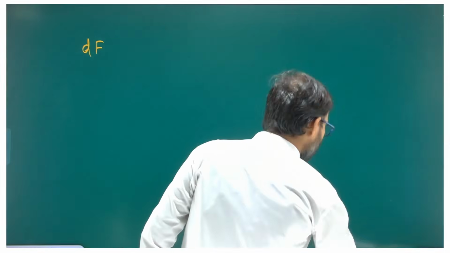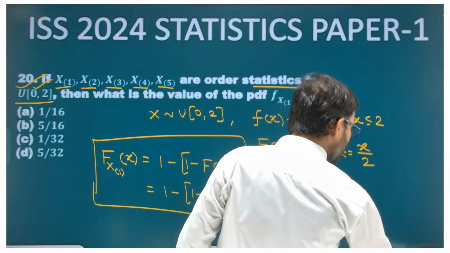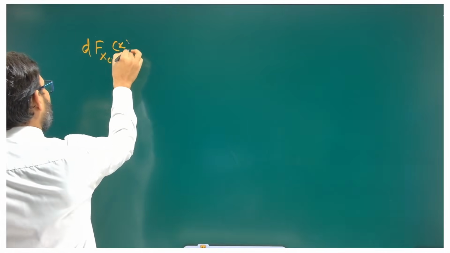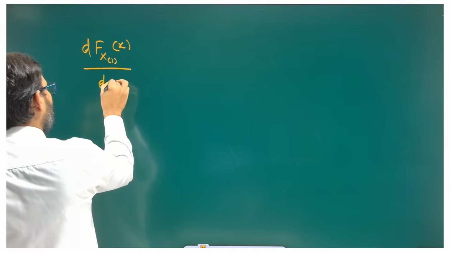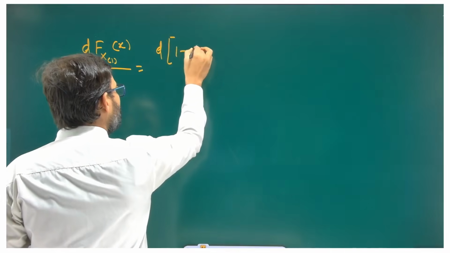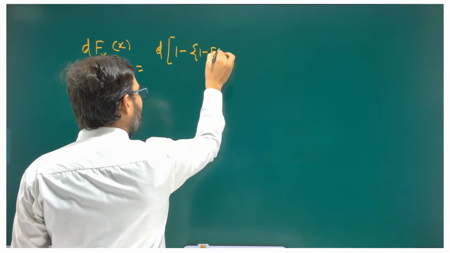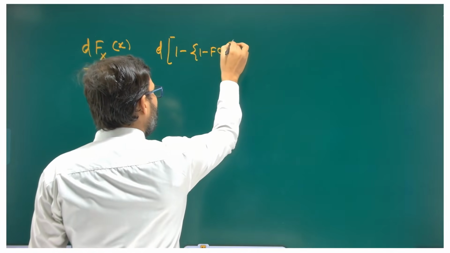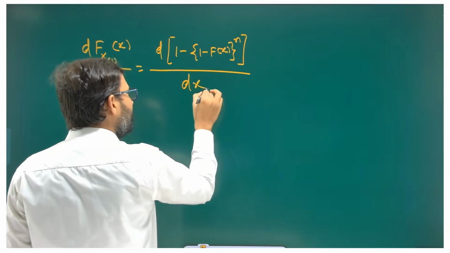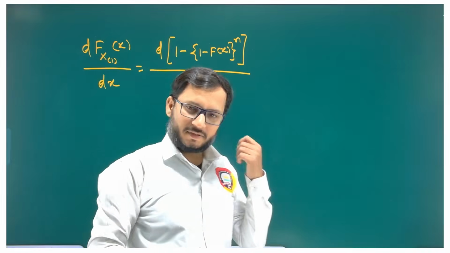So f x1(x) is the derivative with respect to x of 1 minus capital F(x) to the power n.